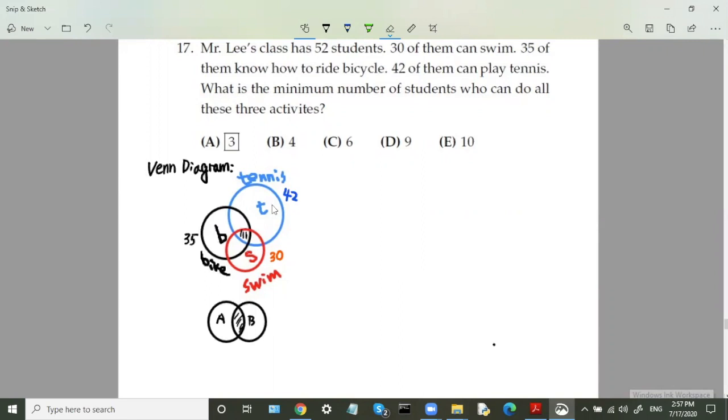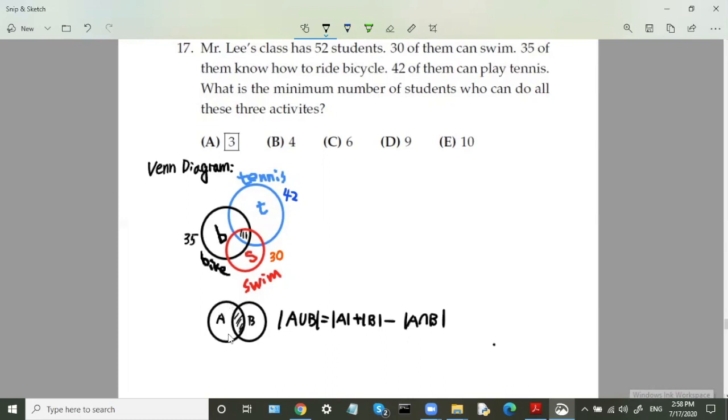So let's review the formula for 2 sets intersecting each other. We have A union B equals set A plus set B, subtract the intersection of sets A and B. So why do we need to subtract this copy?